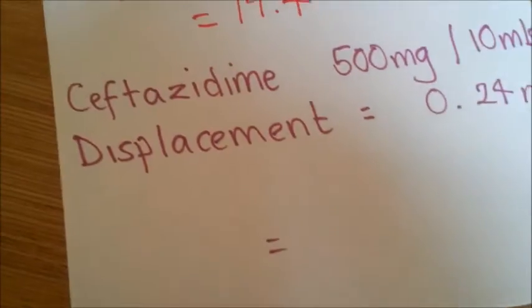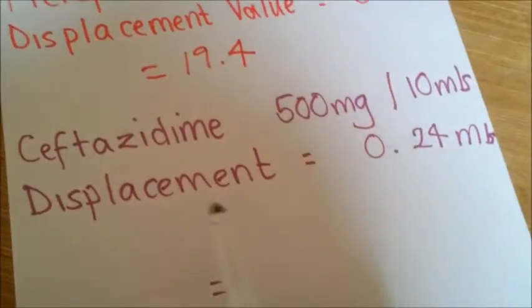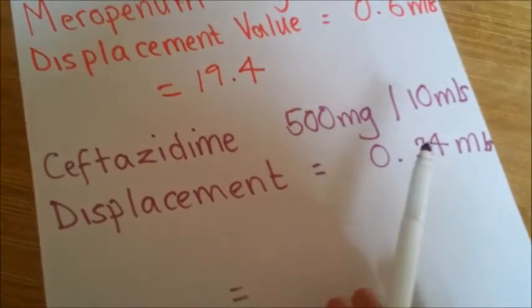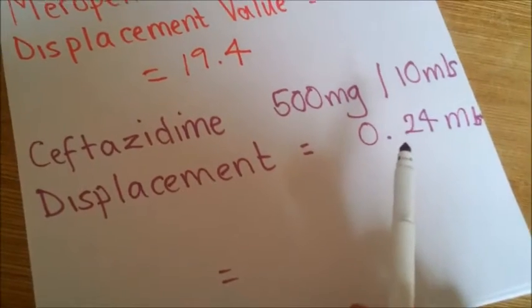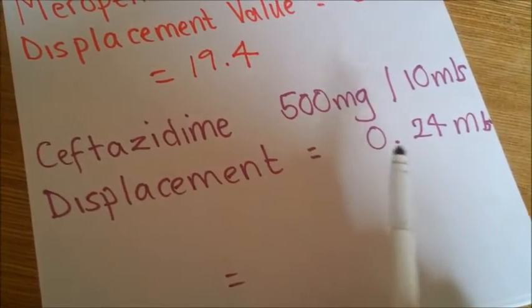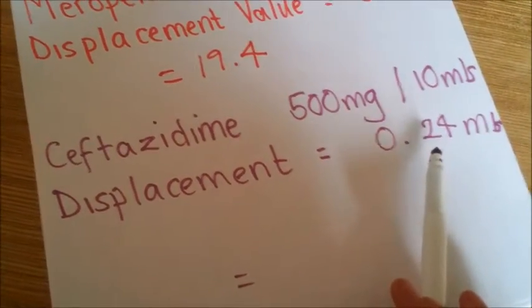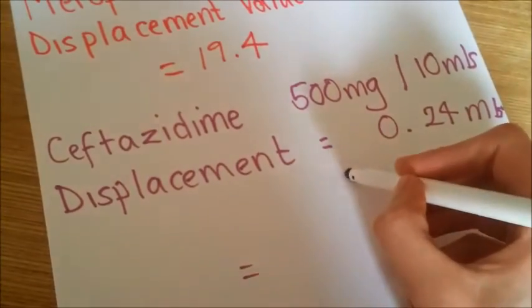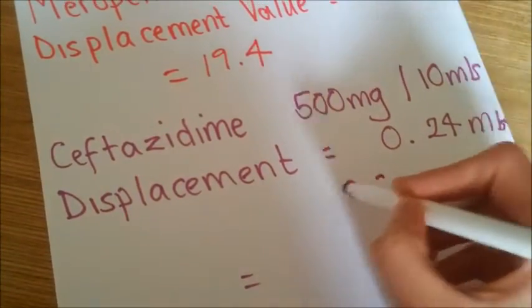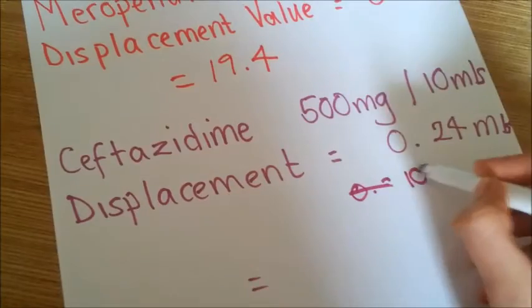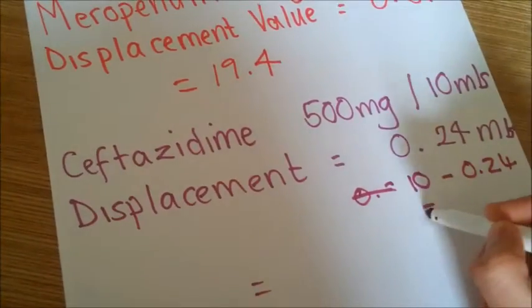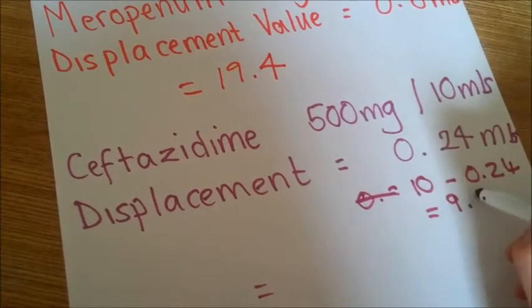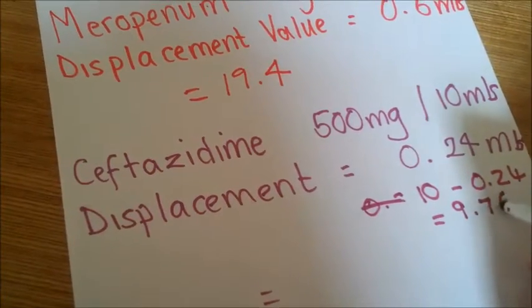This last one is a bit more complicated. Here you've got ceftazidime, 500 milligrams in 10 mils. Displacement value is 0.24. It's not as easy to work out because it's using odd numbers, but it's the same principle: you've got 10 and you're minusing 0.24, and that gives you the answer of 9.76.